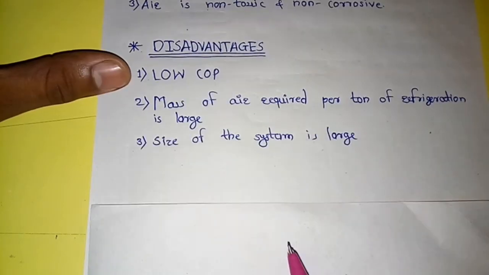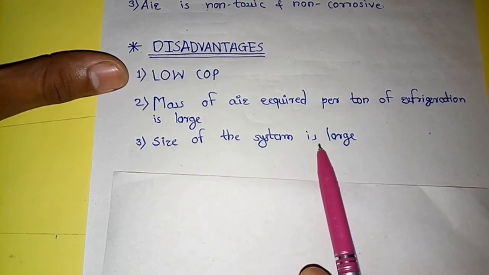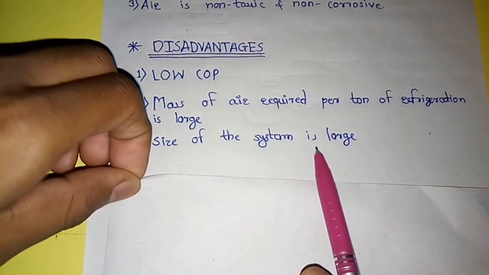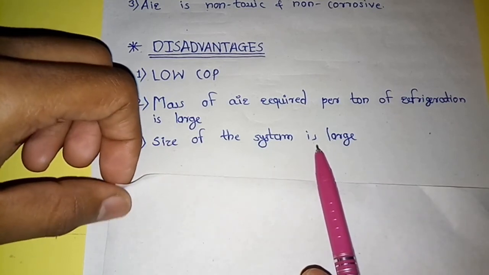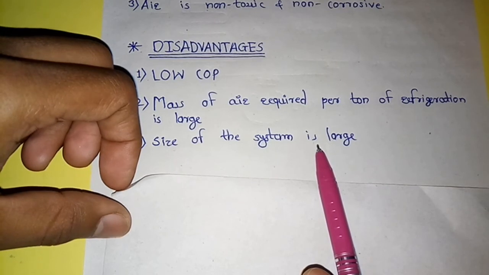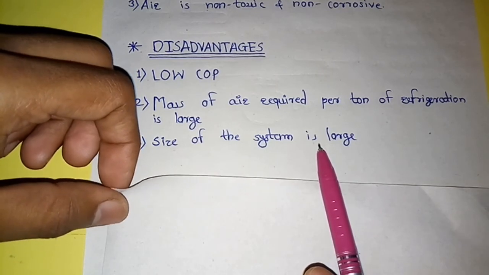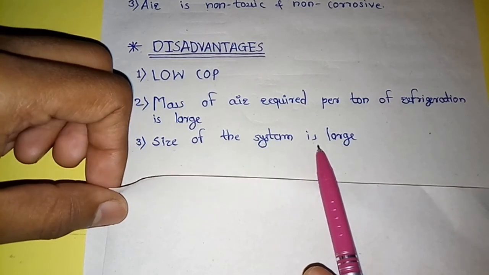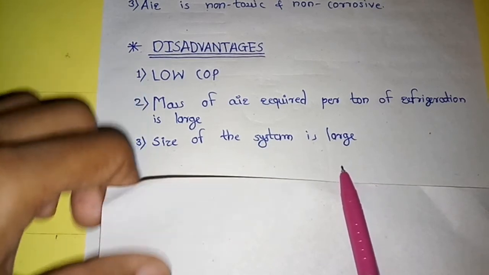And the third disadvantage is that the size of the system becomes large because air is compressible. When air is compressed, its volume decreases, but when air expands, its volume increases, and the refrigeration effect produced by the air is low. Because of these reasons, the size of the system increases.